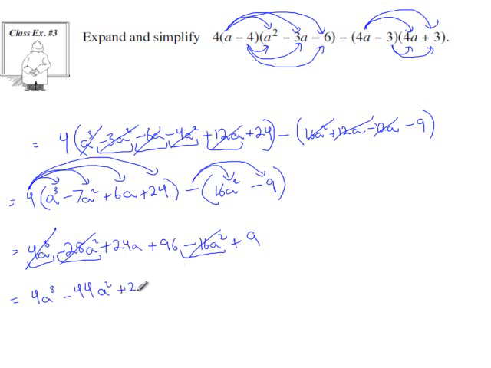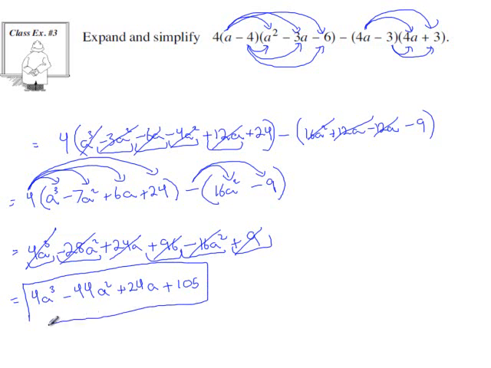So plus 24a. And your number terms, you have a 96 and a positive 9. So 96 plus 9 is 105. You've dealt with everything, combined all of your like terms, so this is your final answer. 4a cubed minus 44a squared plus 24a plus 105.